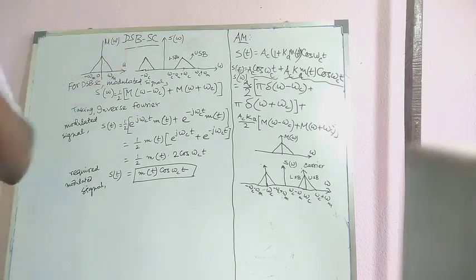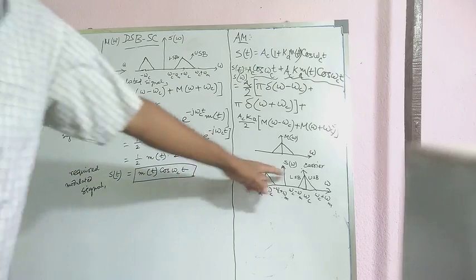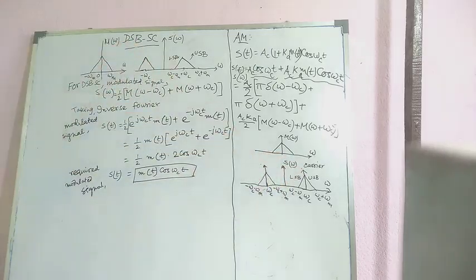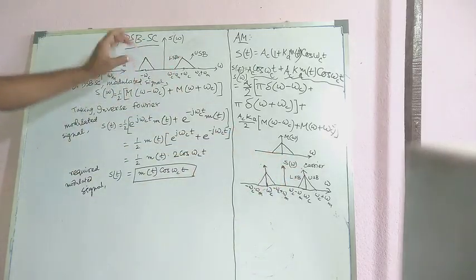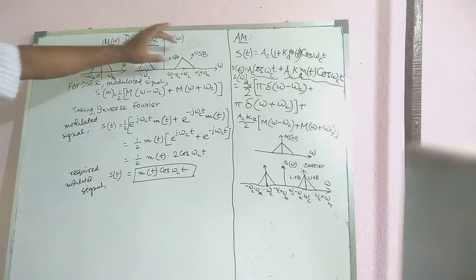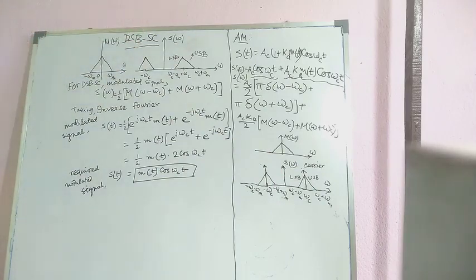Though it doesn't physically exist, because negative frequency does not exist practically. You cannot say the frequency of a pendulum is minus 10 Hz. But for mathematics, you need it. Therefore, we have to transmit this part and this part, both the sidebands around the frequency plus minus omega c.